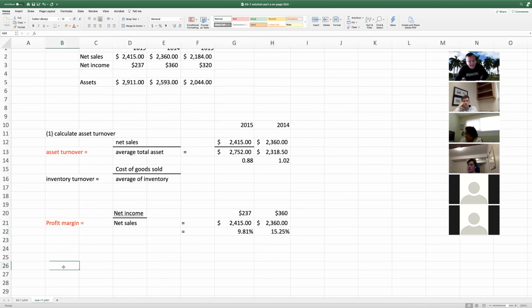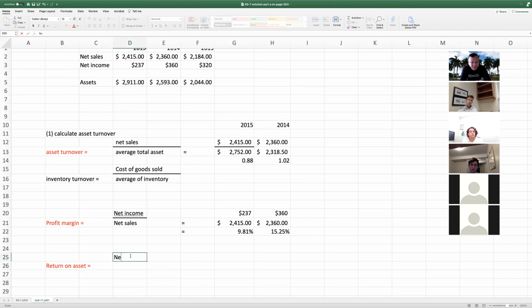Return on asset, okay? So what is the return on asset? If you go to page 491, return on asset equals net income divided by average total asset. So how much money can you make for each dollar of asset?